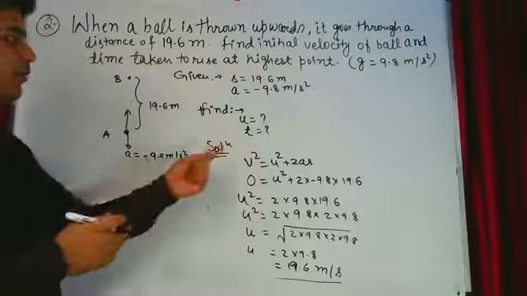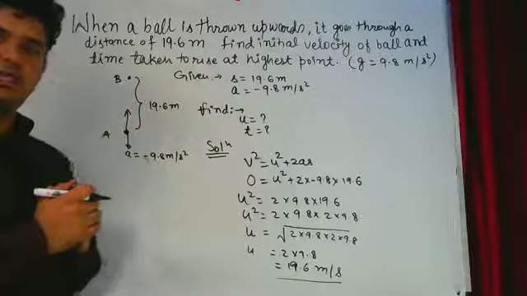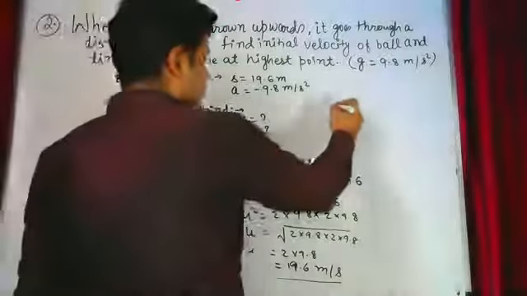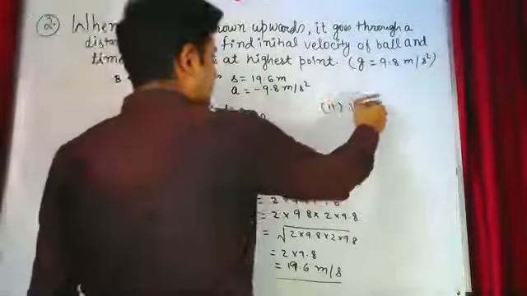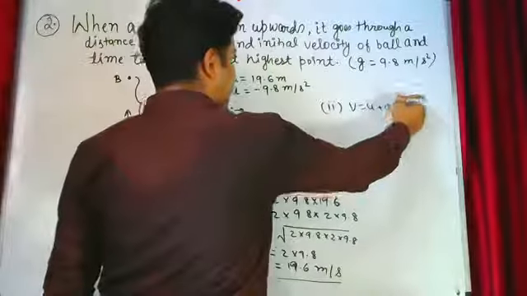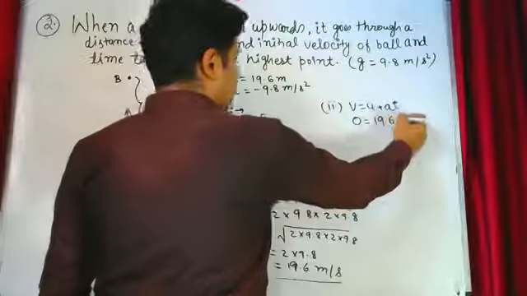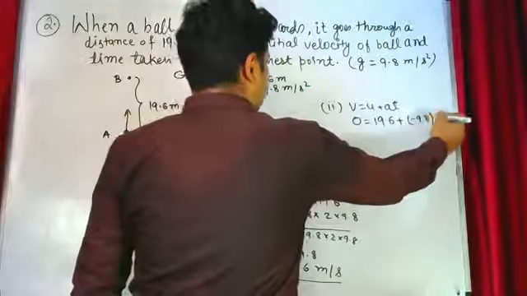Second thing, I have to find the time. We know that at the highest point its velocity will be 0, or speed will be 0. We will use the first equation of motion, v equals u plus at. I am going to do the second part here, where the final velocity will become 0. Initial velocity I know is 19.6, plus acceleration is minus 9.8, and this is t.